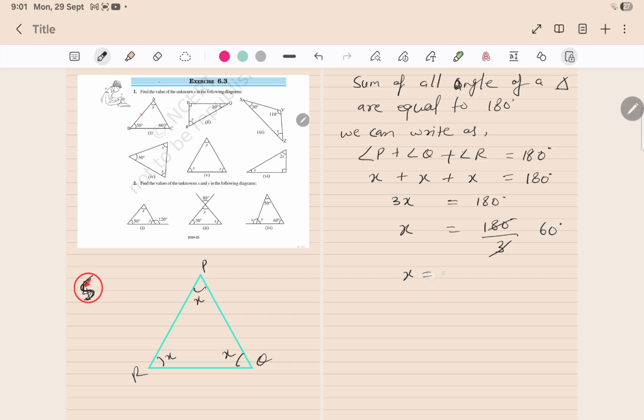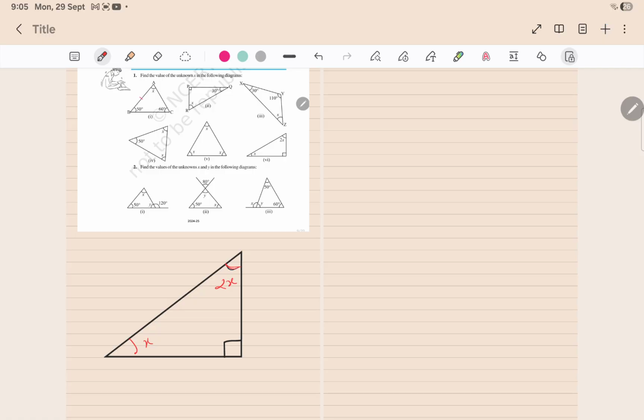So x equals 60 degrees. This is our fifth question answer. And let's go to the sixth question.